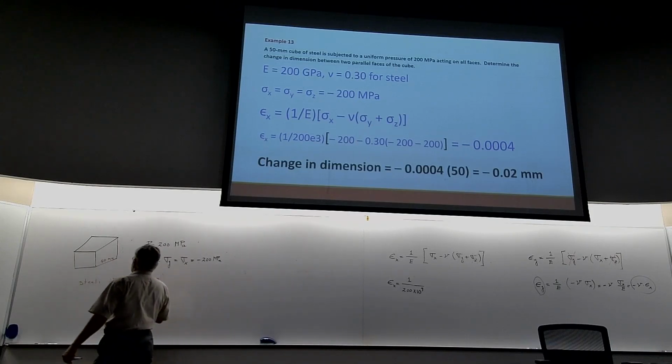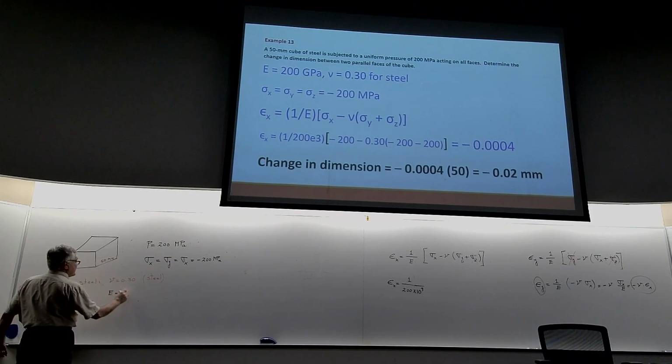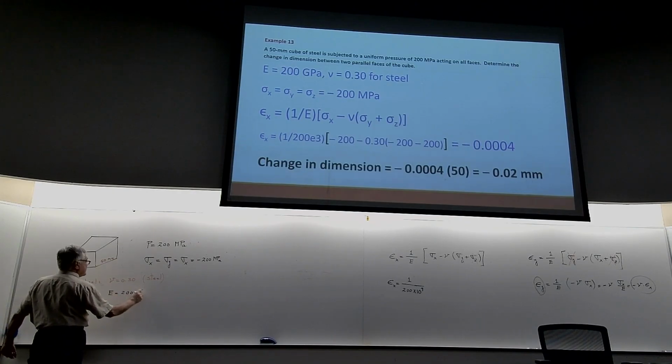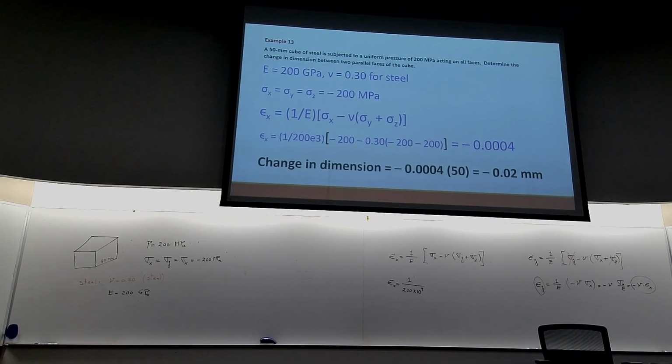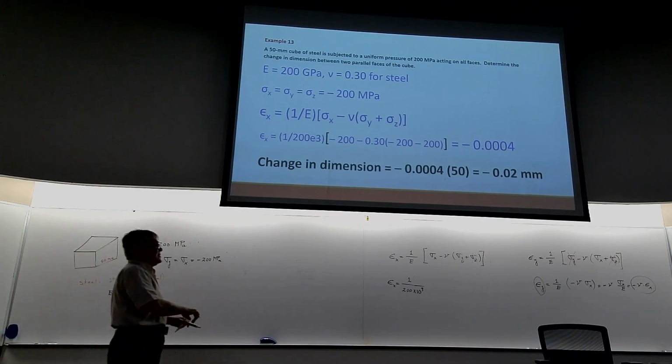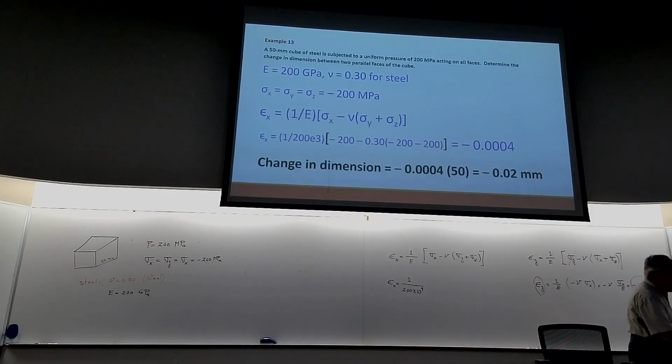E of steel is 200 gigapascal from our tables. This is the same as 29 million PSI. And maybe we should just take a quick look at it again.